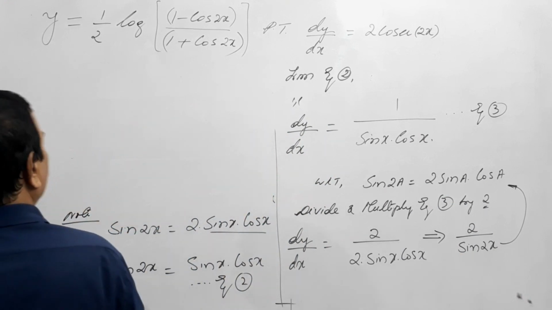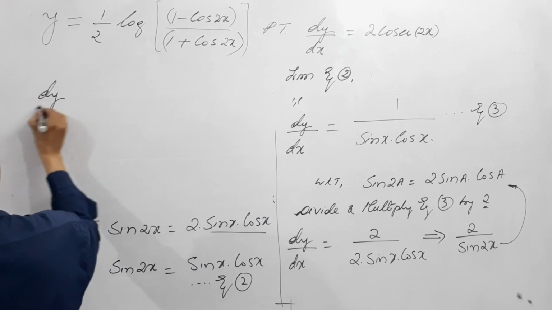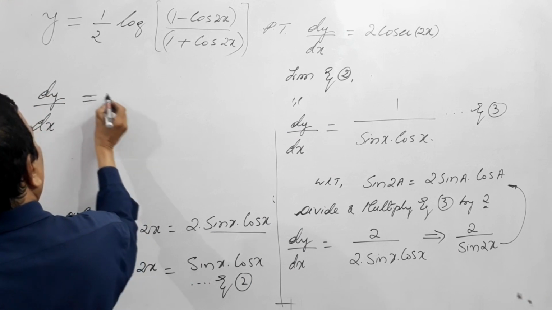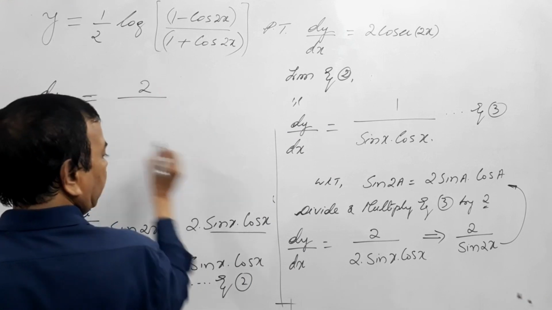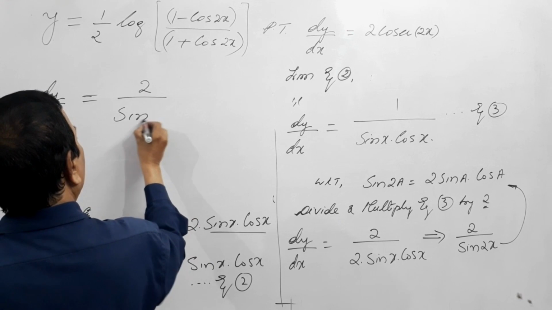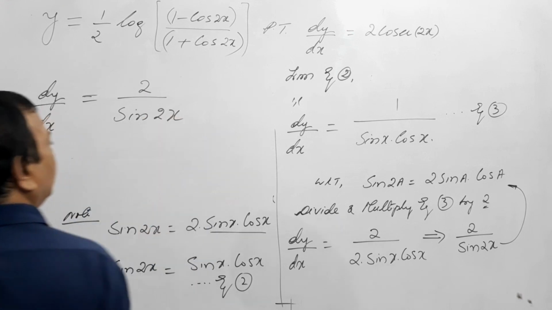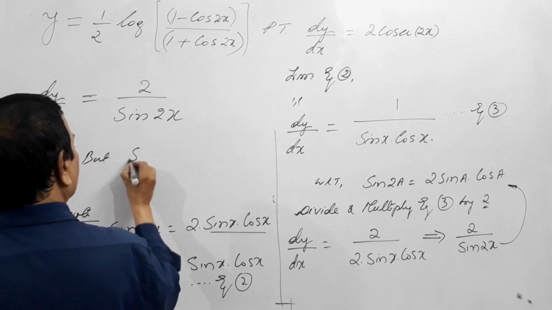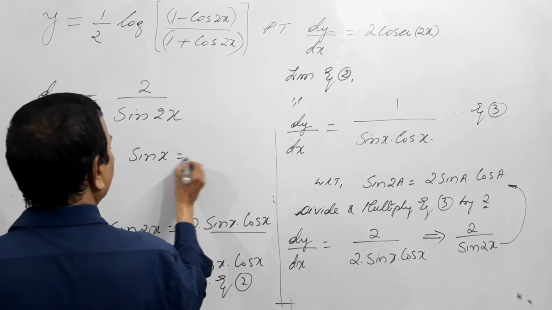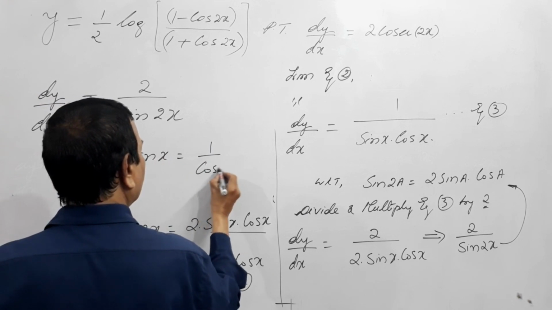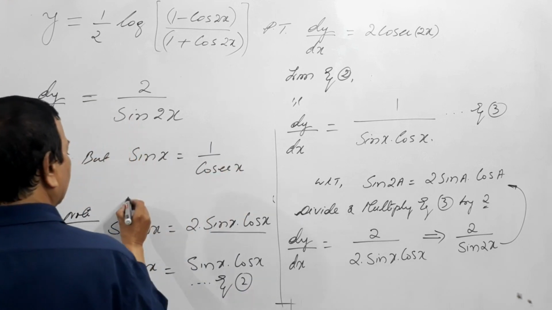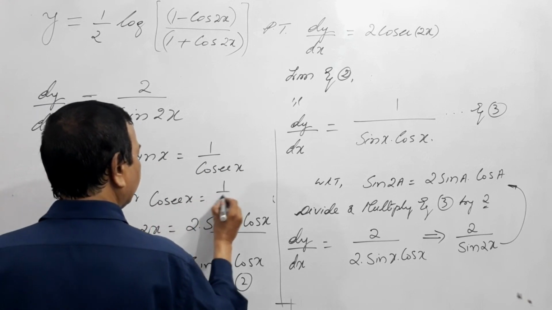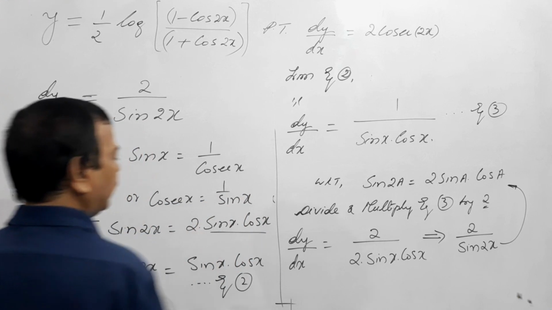So dy by dx equals 2 by sin 2x, but sin x equals 1 by cosecant x, or cosecant x equals 1 by sin x.